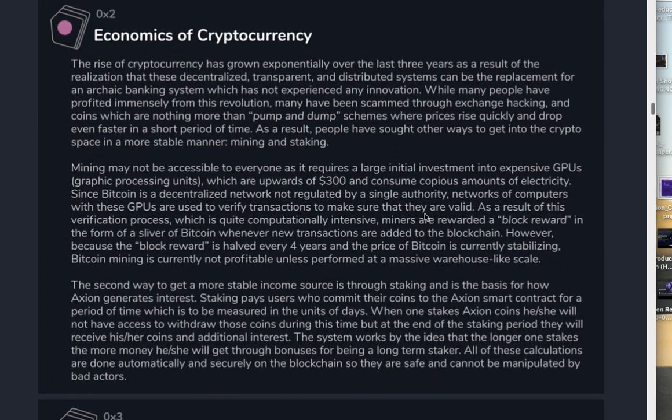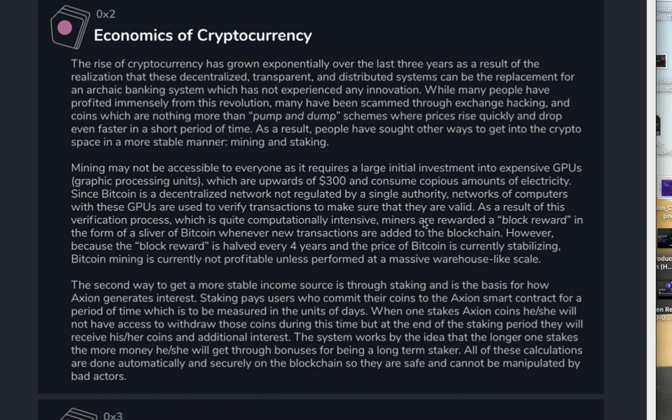The economics of cryptocurrency. The rise of cryptocurrency has grown exponentially over the last 3 years as a result of the realization that decentralized, transparent, and distributed systems can be the replacement for an archaic banking system that has not experienced any innovation. While many people have profited immensely from this revolution, many have been scammed through exchange hacking and coins which are nothing more than pump and dump schemes, where prices rise quickly and drop even faster in a short period of time.